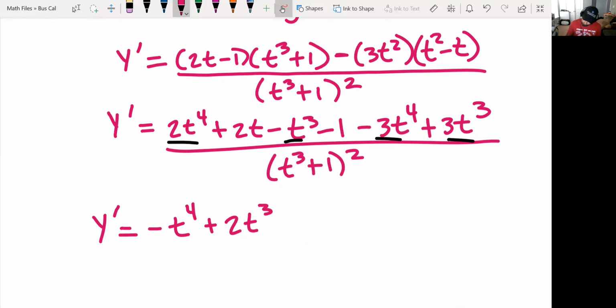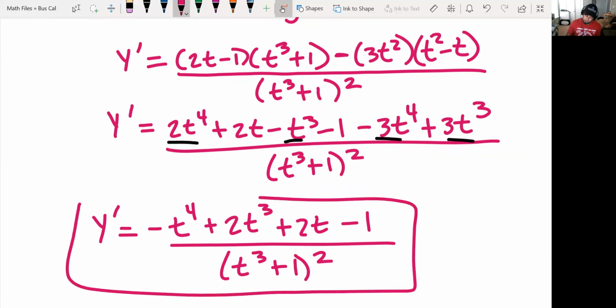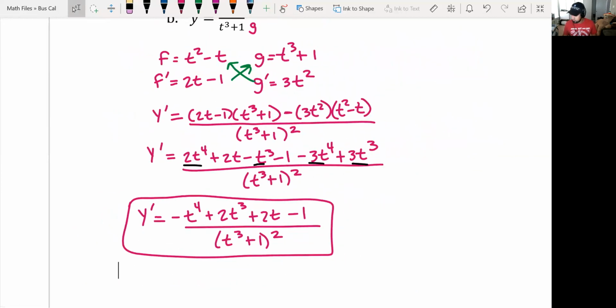And then all that's left is that 2t minus 1 over t cubed plus 1 squared. And there is nothing else that we can do there. So we are done there. Nothing else that we can do. All right. Perfect. More quotient rule.